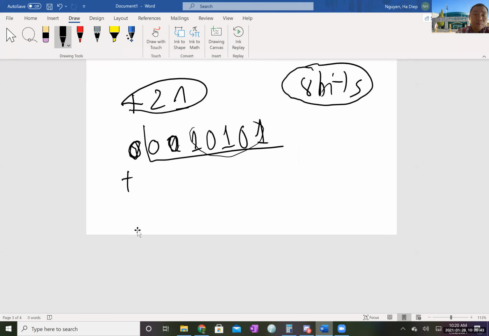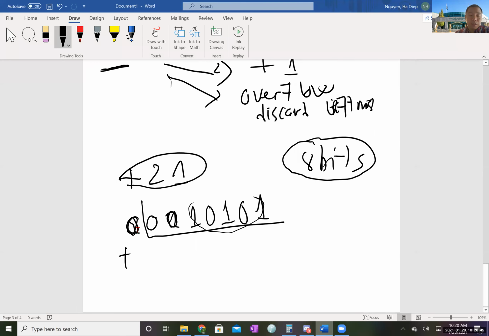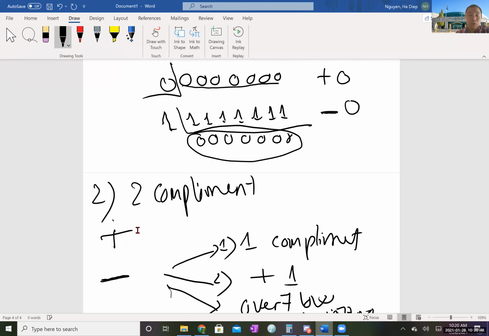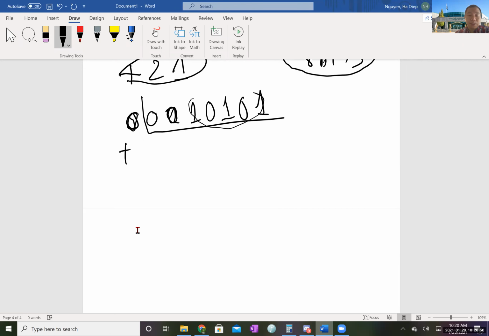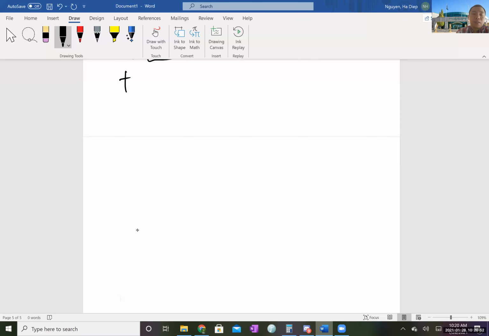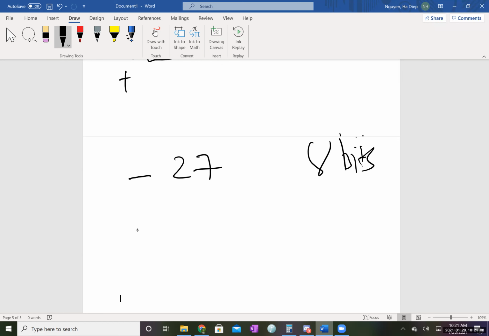Okay, so now if I want to represent the two's complement of the number negative 27 here, what do you think? In 8-bit memory. Negative 27.